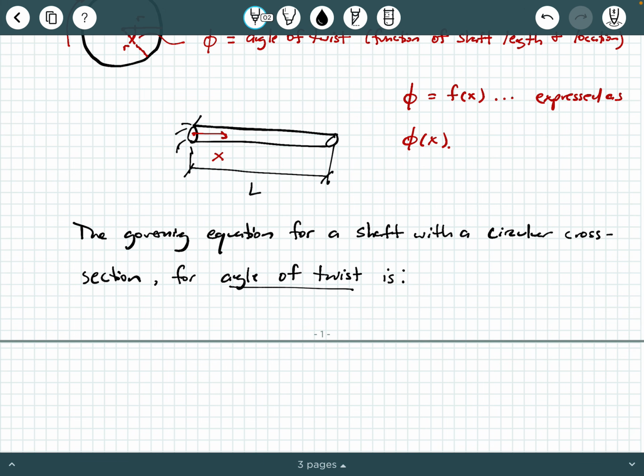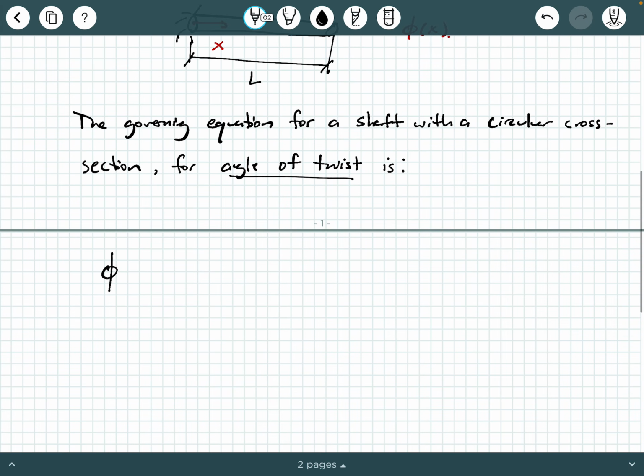We're going to have, let's go to the next page. We're going to have phi equals the integral from 0 to L, T as a function of x over J as a function of x times G as a function of x, dx.